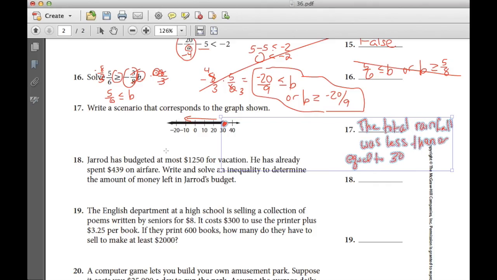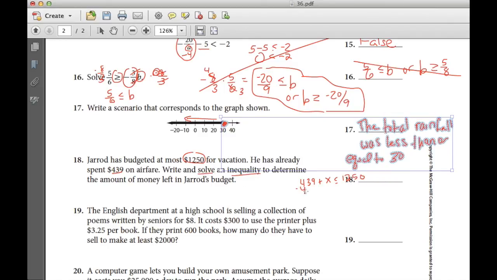Number 18, Jared budgeted $1,250 for the vacation. He already spent $439 in airfare. How much money is left? So we have 439 plus x, and this is an inequality, so I'm not going to put an equal sign. We're going to say less than or equal to 1,250. And it does say to write and solve.